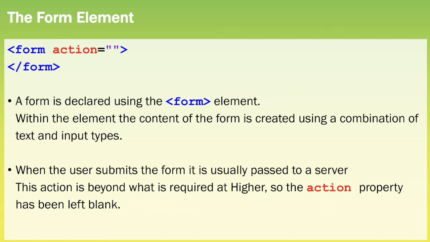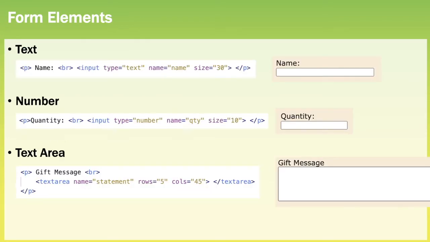However, the process of linking with a server is beyond what is required at higher computing science, so therefore the action portion of the form tag is left blank. If you continue to advanced higher computing science, you will then look at how to link your form with a server, usually a database.